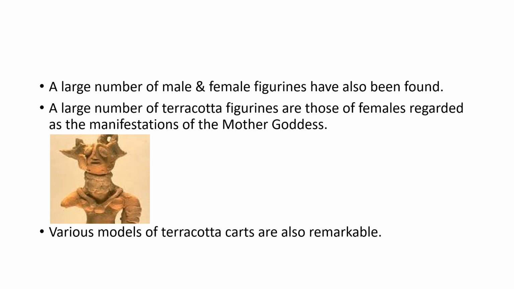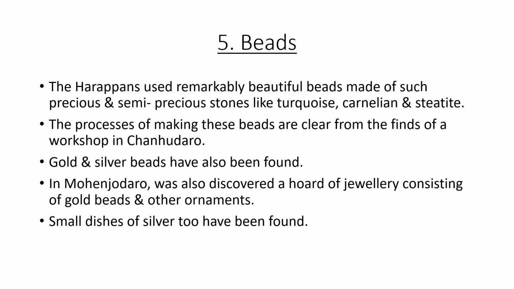Then we come to beads. The Harappans used remarkably beautiful beads made of such precious and semi-precious stones like turquoise, carnelian, and steatite. The processes of making these beads are clear from the finds of a workshop in Chanhu-daro. Gold and silver beads have also been found, and the commonest material used for making beads was steatite.